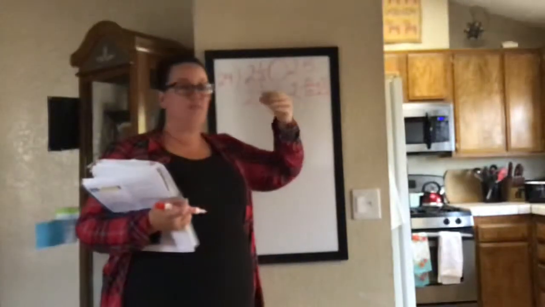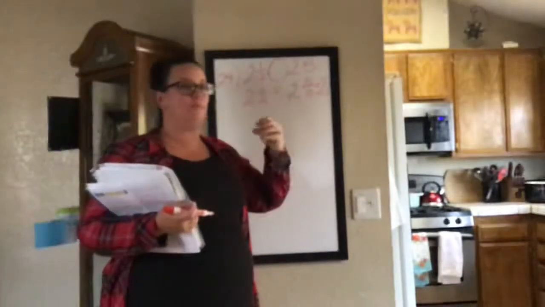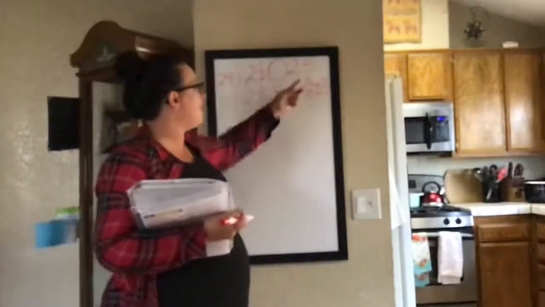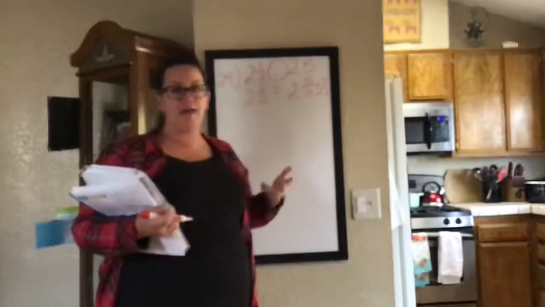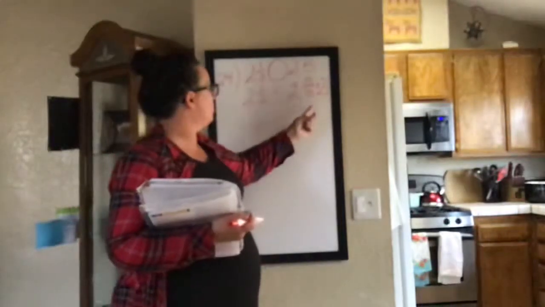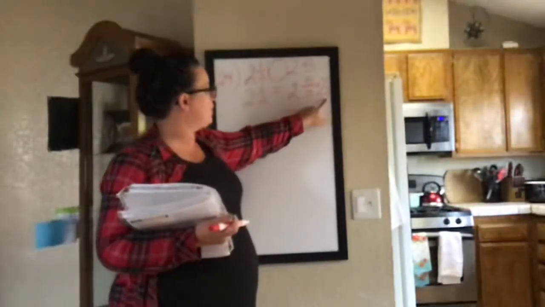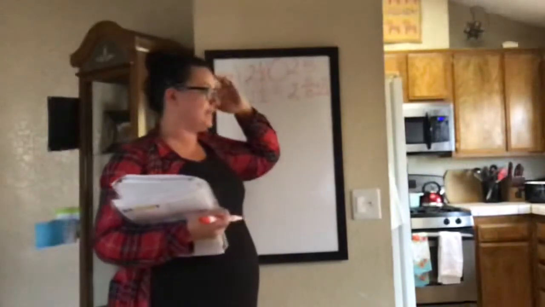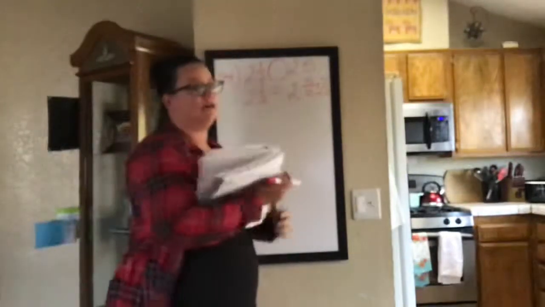Quarters, right? 0.25, 0.50, 0.75. 0.5 is half of a dollar, okay? So, see, we can show that in fraction form, but you guys need to get used to seeing that and recognizing that, okay?